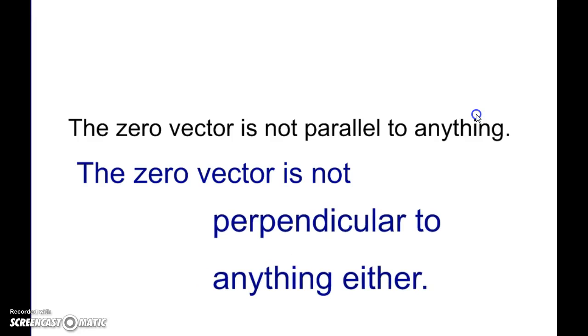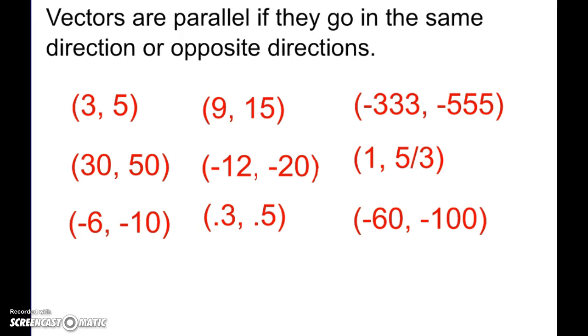That makes sense? How can a dot be parallel to anything? These vectors are parallel.